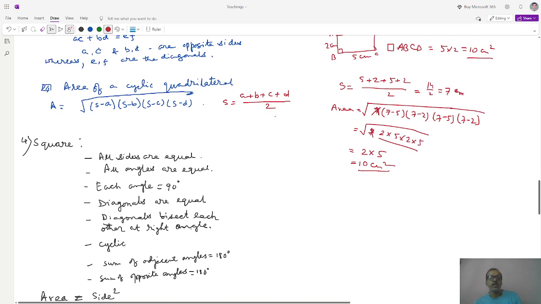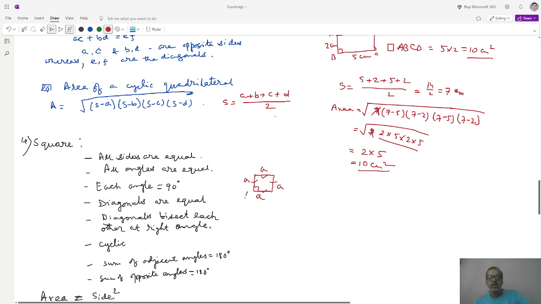Now come to the square. Square is also a quadrilateral whose all sides are equal. If a rectangle has all sides equal, then it is known as a square.